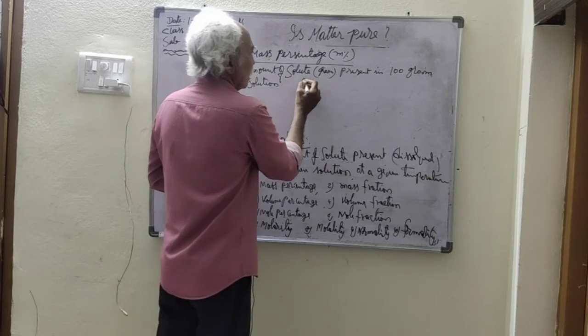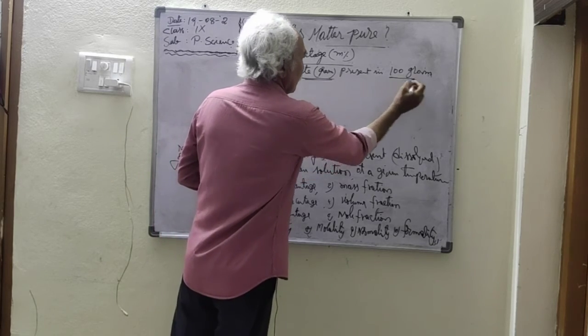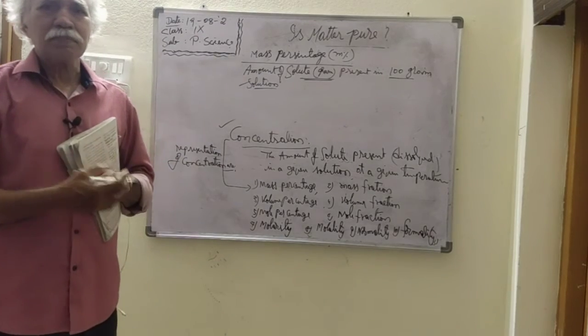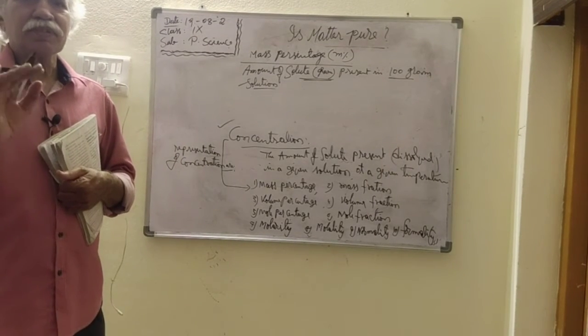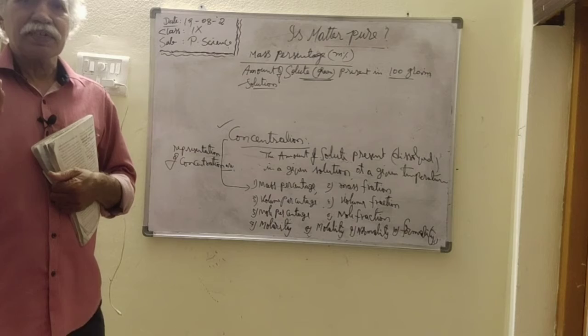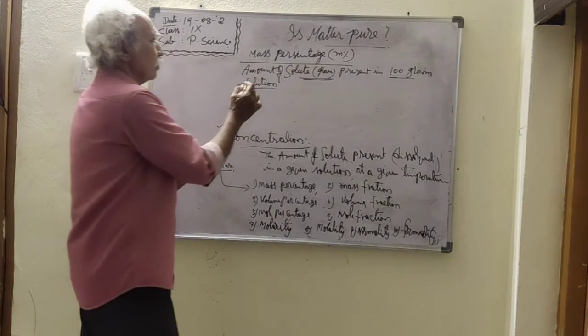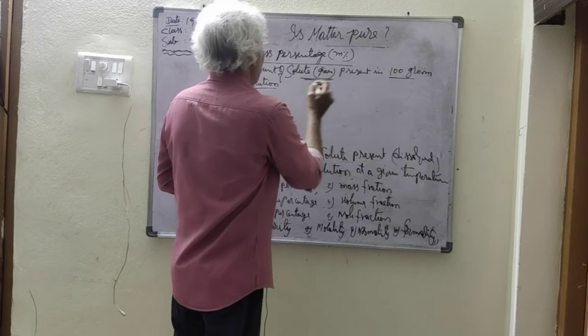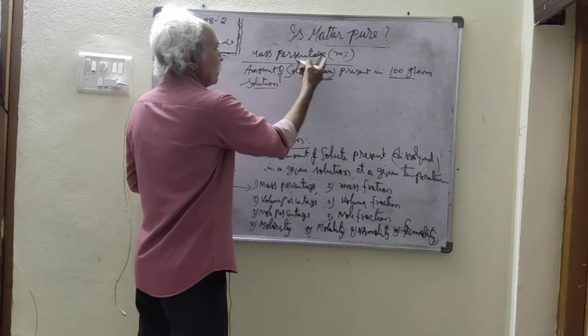Here both are mass values, so temperature is not necessary, because mass does not change with temperature. Mass remains constant at any temperature. Therefore, the amount of solute in grams present in 100 gram solution is called mass percentage.